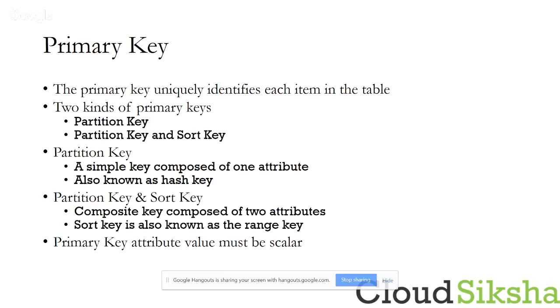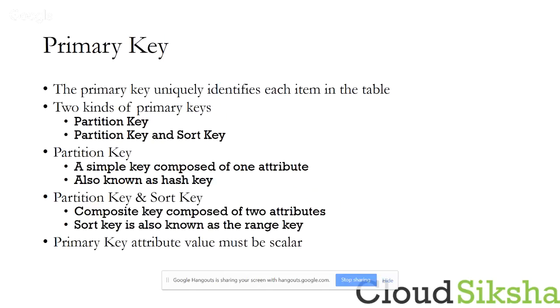Now, automatically you will realize one thing. If I put in hundreds of musicians, each musician will have multiple albums. So the partition key in this case is not unique. That is, a musician has multiple albums, right?